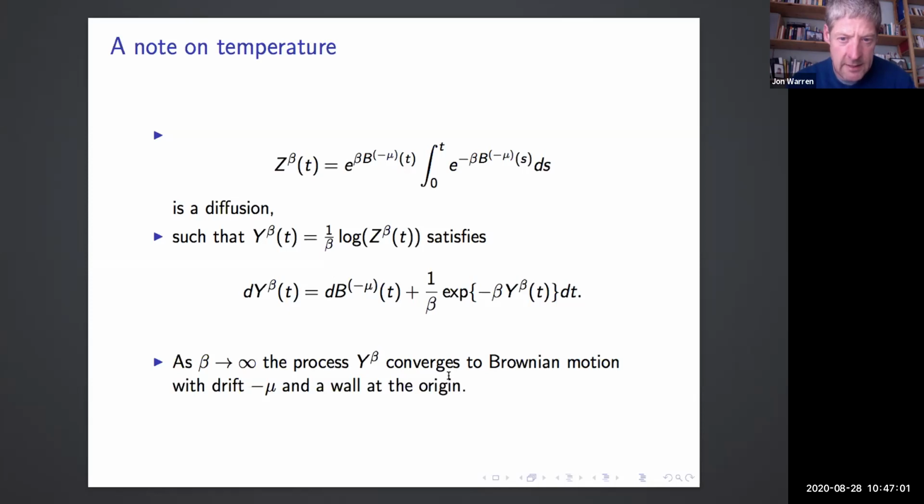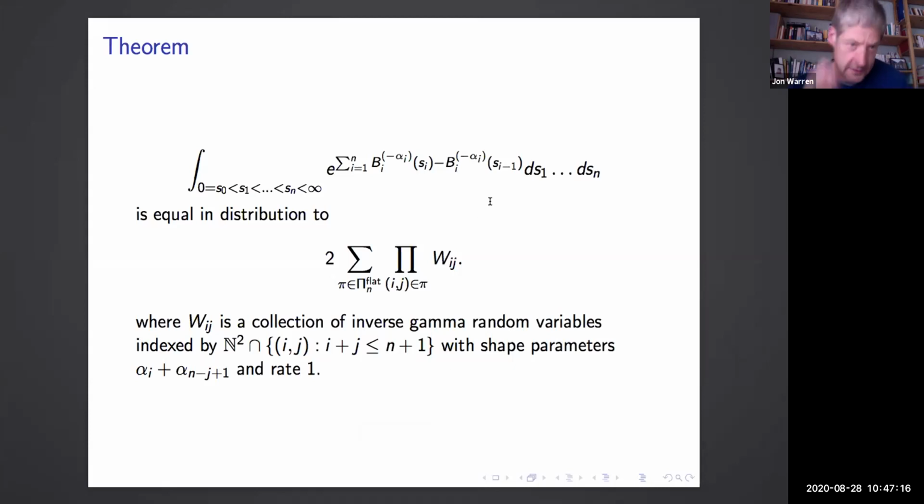So that means we can look for an analog of the previous results in this sort of exponential setting, and that works fine. So here's the statement. You form a multi-dimensional integral of exponentials of differences of Brownian motions, and this should make you think about the O'Connell-Yor representation of the largest eigenvalue.